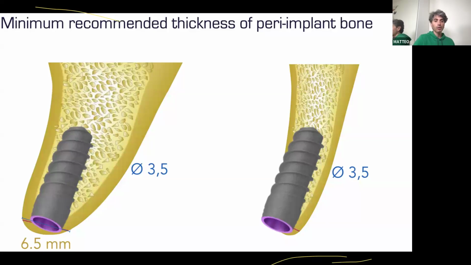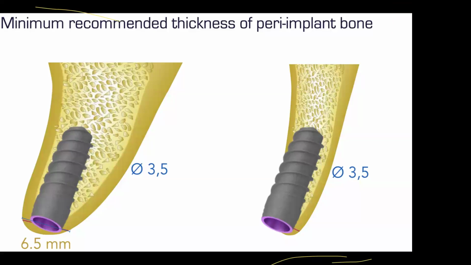So if we're going to place a 3.5 diameter implant, we need at least 6.5 width of the crest.